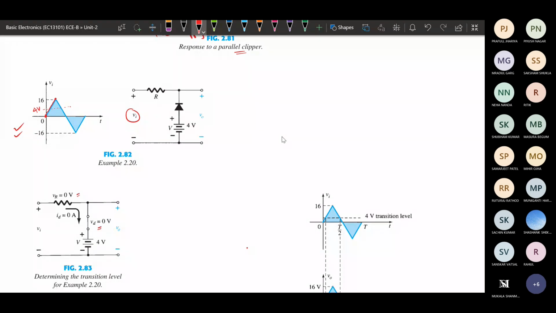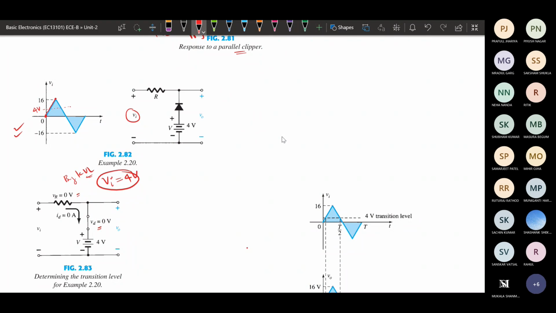In that case, we see what will be the input voltage at which the diode is going to switch from off to on or on to off. Basically, at what voltage we will be switching. By calculating here, we can see the input voltage comes out to be 4. That means at 4, by using KVL through this, you get the input voltage as 4 volt.